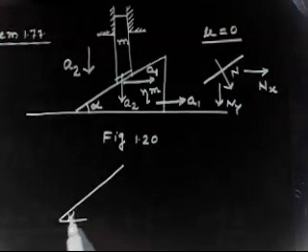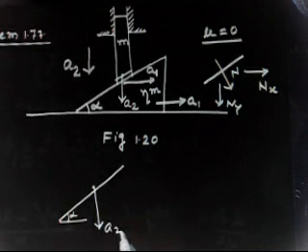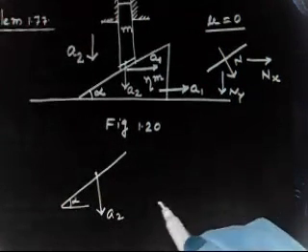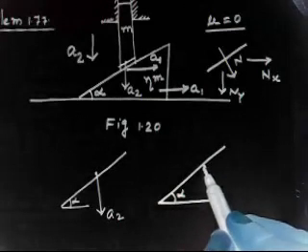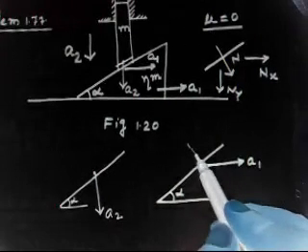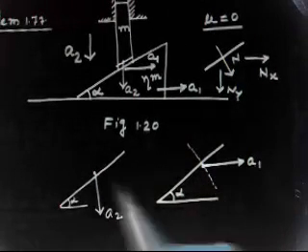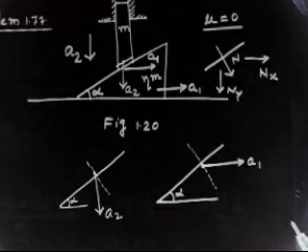So if you see, let us take this point. This angle is alpha. This point has acceleration A2, and the same thing you can write again, angle alpha, this point has acceleration A1. So in the perpendicular direction, both will have the same acceleration.